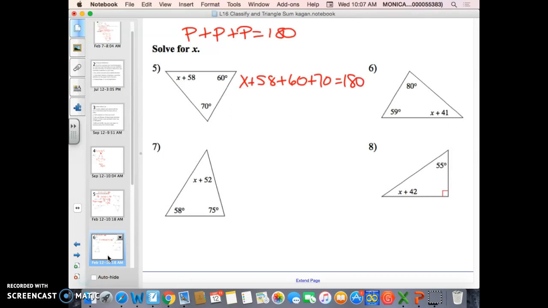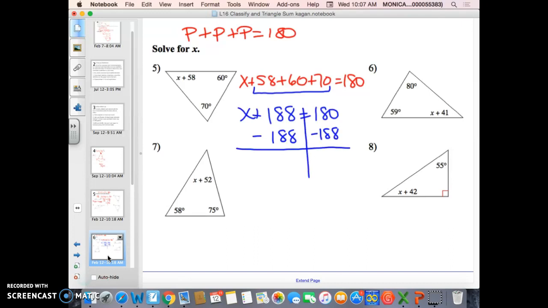So the first thing I would do is combine my like terms, which are right here. 58 plus 60 plus 70 is 188. So x plus 188 equals 180. So I just subtract 188 from both sides because it's an equation. And so I get x equaling -8.